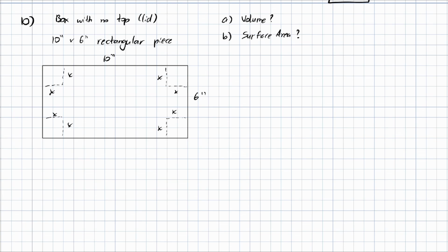Okay, so let's do A first. Now you think about this box, right? I'm going to draw it like a box of some sort, and then you have these dimensions.